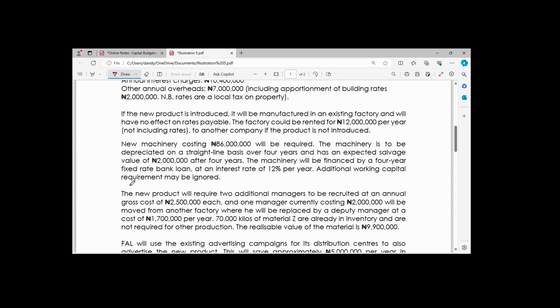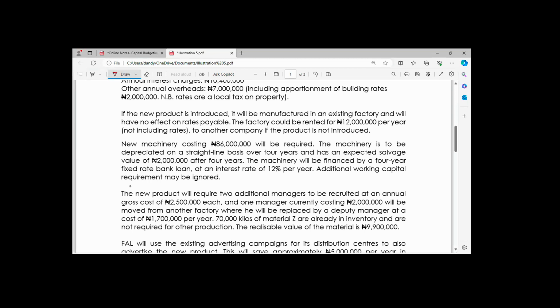If the new product is introduced, it will be manufactured in an existing factory and will have no effect on rates payable. The factory will be rented for 12 million naira per year, not including rates, to another company if the product is not introduced. New machinery costing 86 million naira will be required.